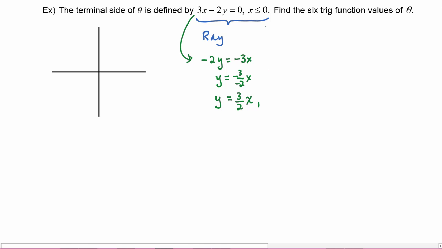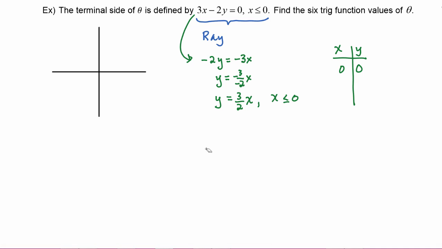Now remember, we have to pick x values that are less than or equal to 0. Now we know that the ray is going to go through the point (0, 0), because if we put in a 0 for x, we're going to get 0 for y.